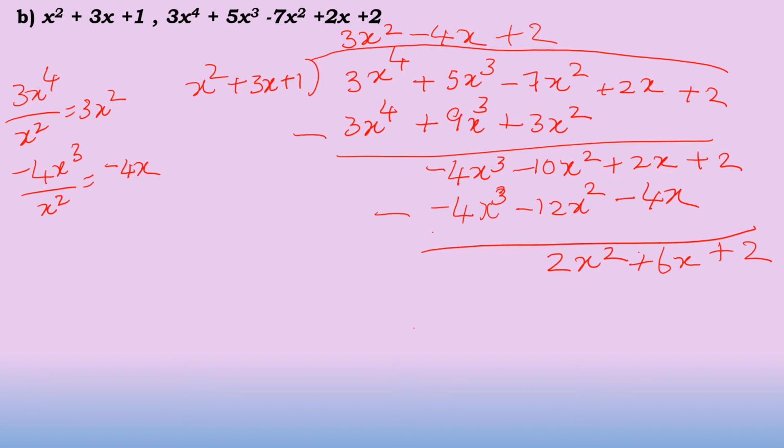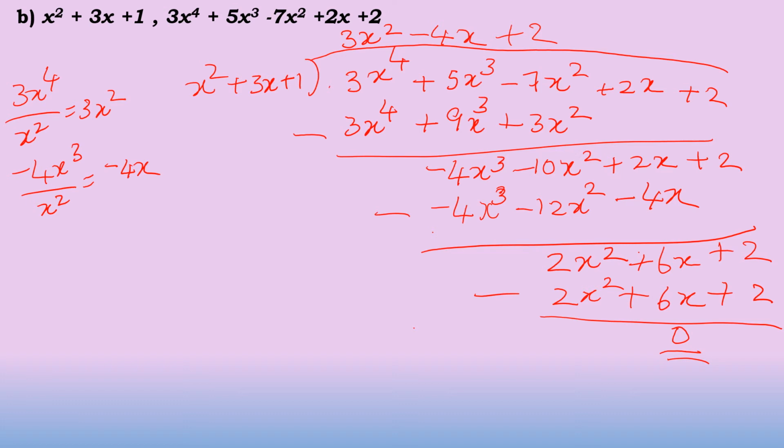2 into x square will be 2x square. 2 into 3x will be 6x. 2 into 1 will be 2. So when you subtract, you get the remainder as 0. As you can see, the remainder is left as 0.